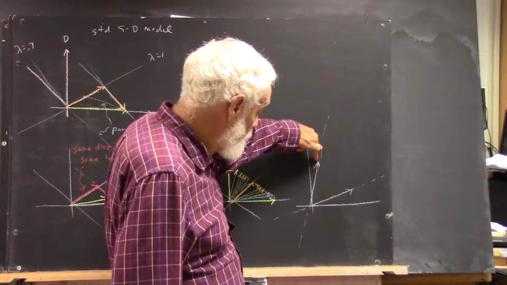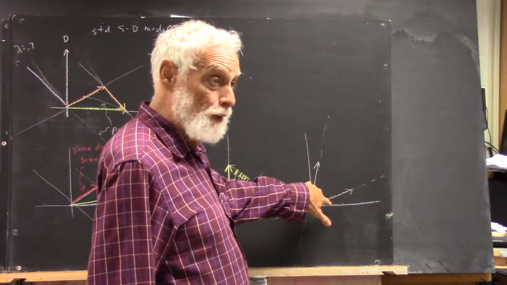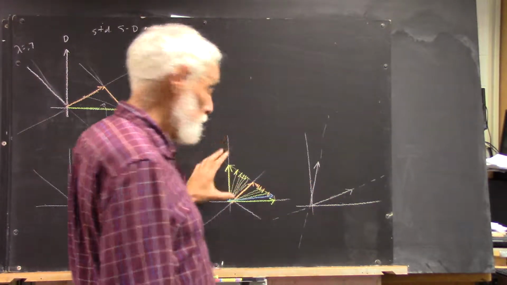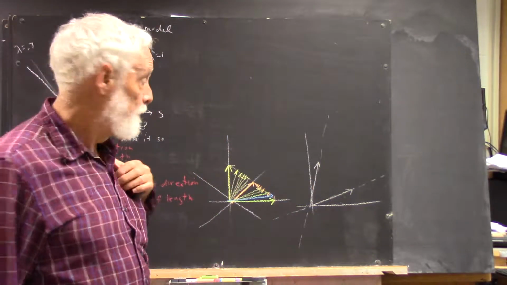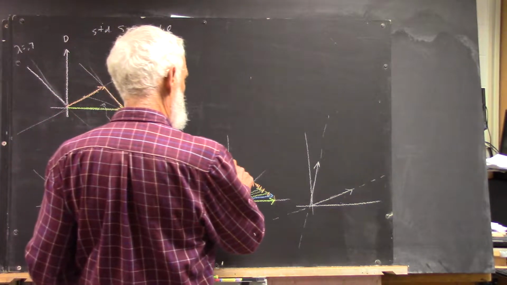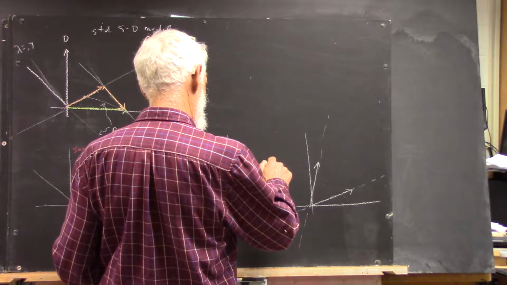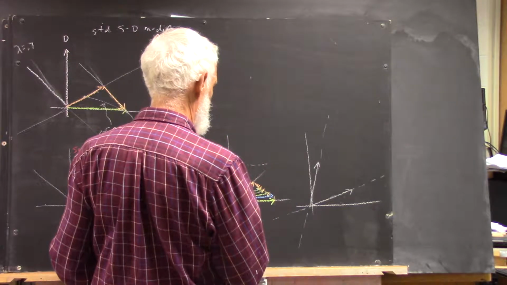Okay, so you got this picture anyhow. Do we understand this in terms of what we've seen here? Okay, well, let's see. What would happen? This thing isn't very well drawn to scale.